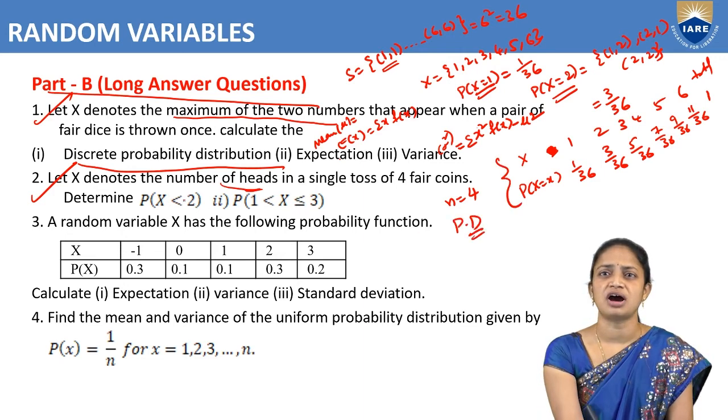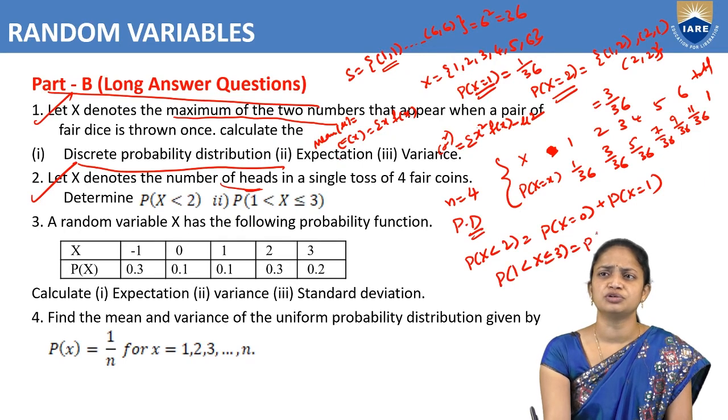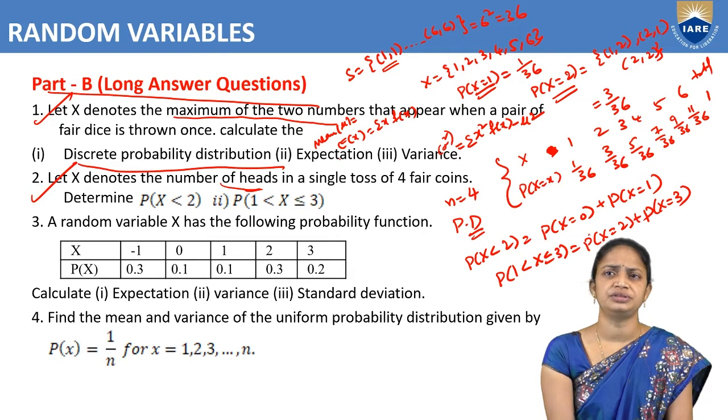Then P of x less than 2 is P of x equal to 0 plus P of x equal to 1. And 1 less than x less than or equal to 3 means P of x equal to 2 plus P of x equal to 3.